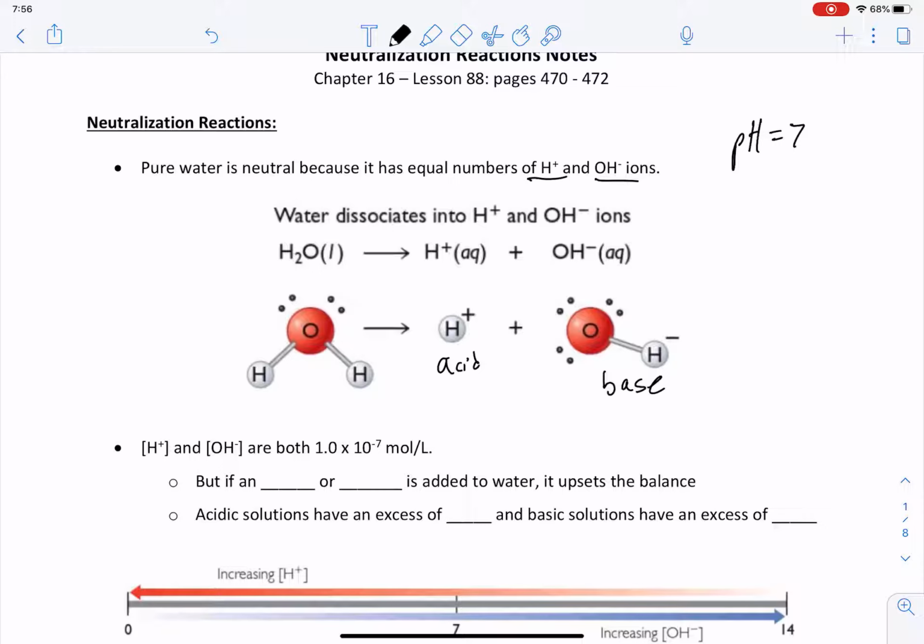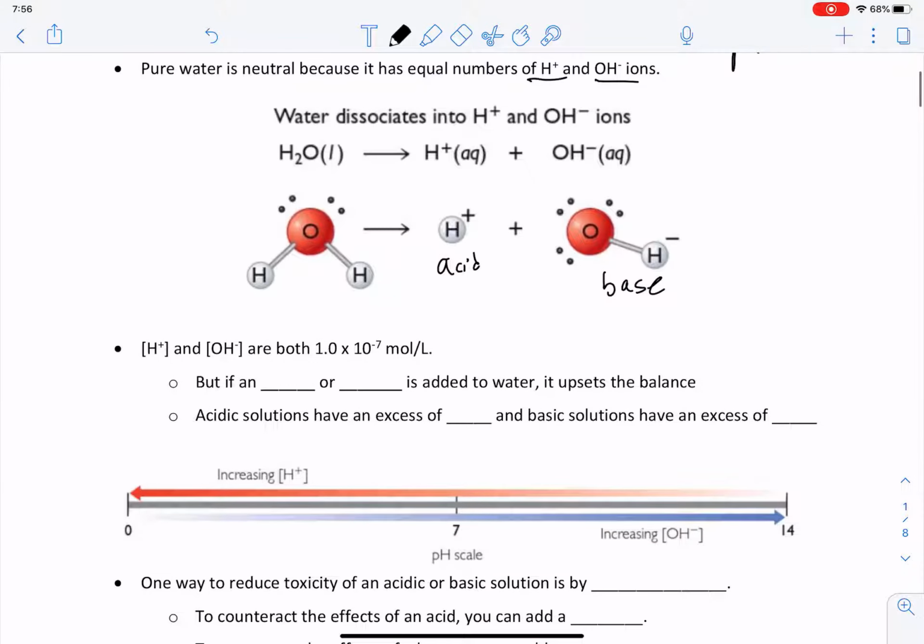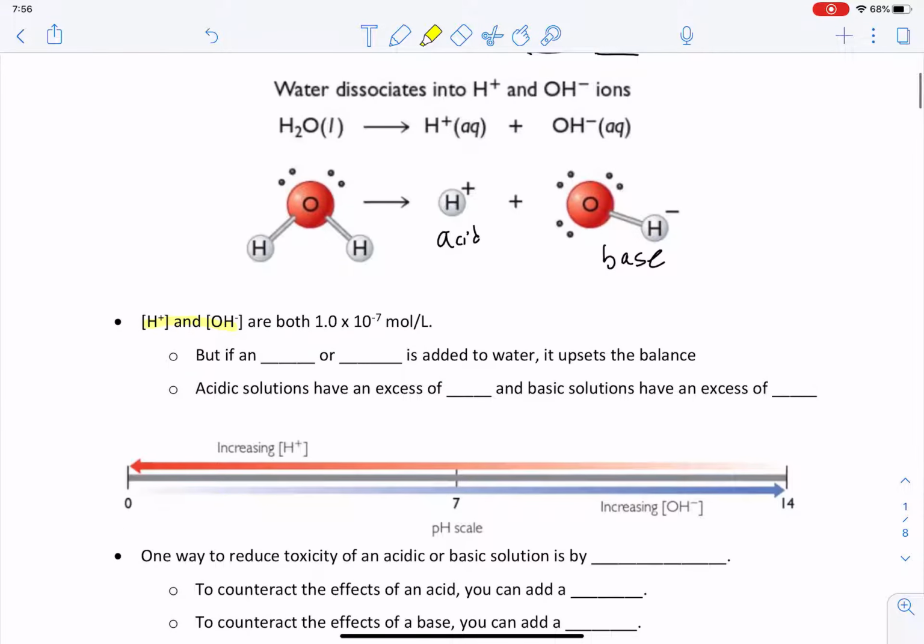We can also think about acids and bases. Acids are things that are able to donate hydrogens, and bases are things that are able to receive hydrogens or protons. All right, so our concentrations of hydrogen ions and hydroxide are both 1.0 times 10 to the negative 7.